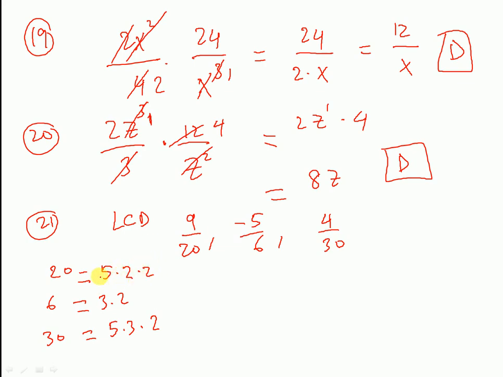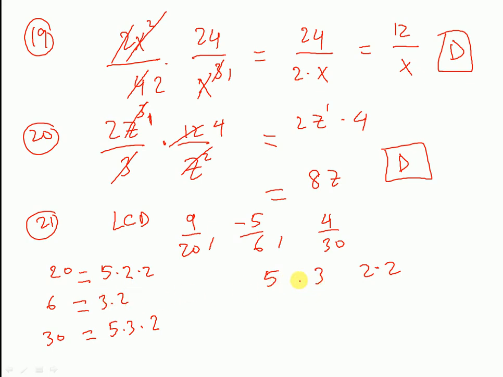We have 5, 3, 2, the three different numbers here. For 2, the first one has two 2s, the second has one 2, the third has one 2, so we pick the larger, two 2s.